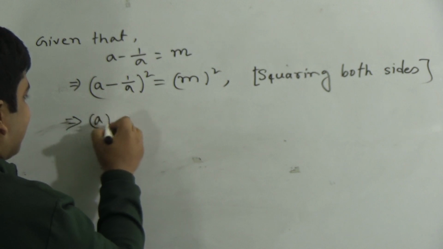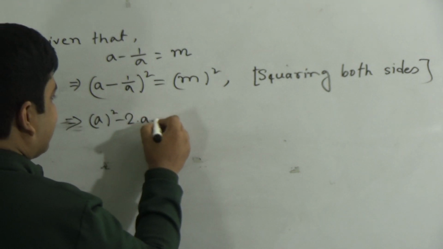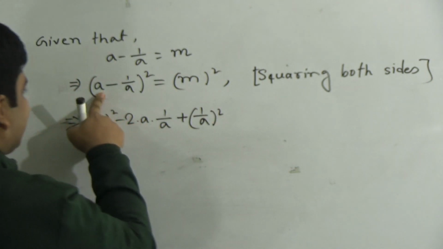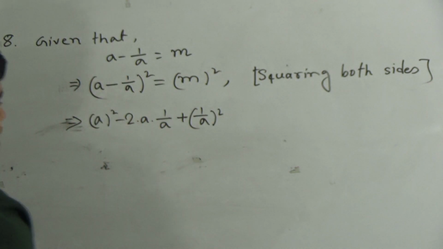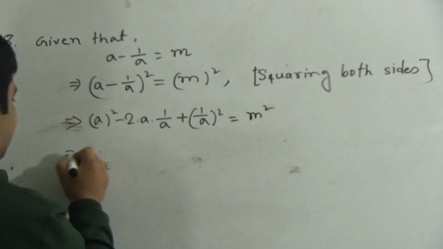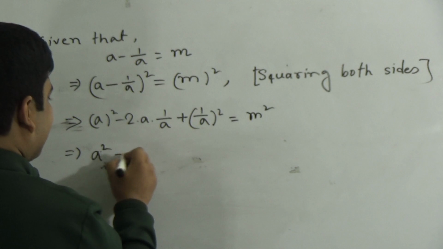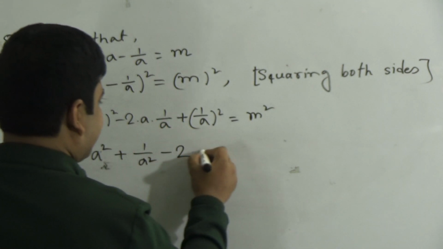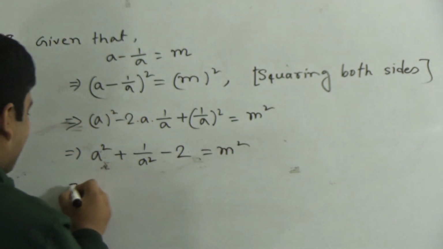So a square minus 2 into a into 1 by a plus (1 by a) whole square, because a means a and b means 1 by a, and m square means m square. Now a square plus 1 by a square, a and a cut, and left 2, equals m square.